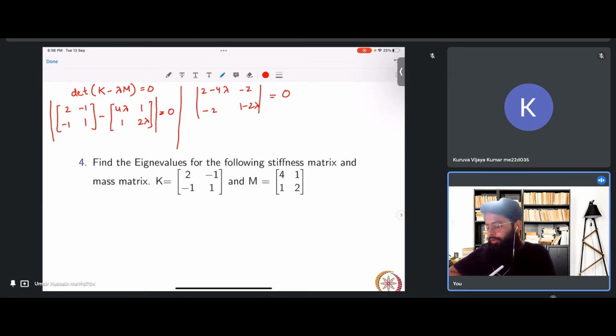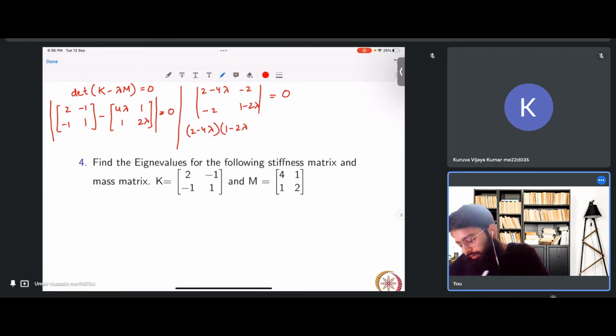That's a simple 2 by 2 matrix. Pretty simple rule to take the determinant. We take 2 minus 4 lambda times 1 minus 2 lambda minus 2 times 2, minus 2 by minus 2 is 4, equals 0.